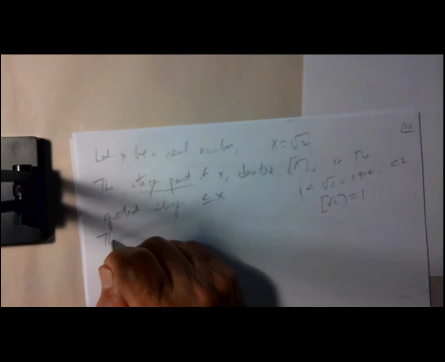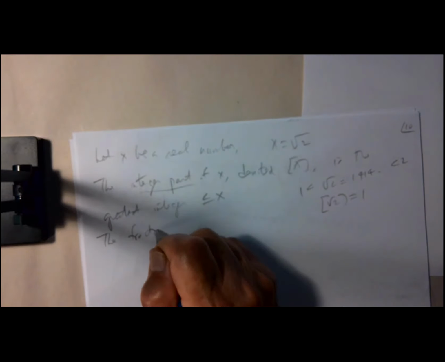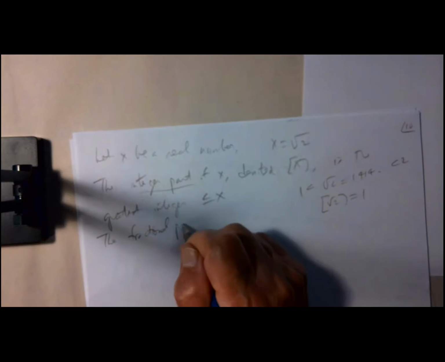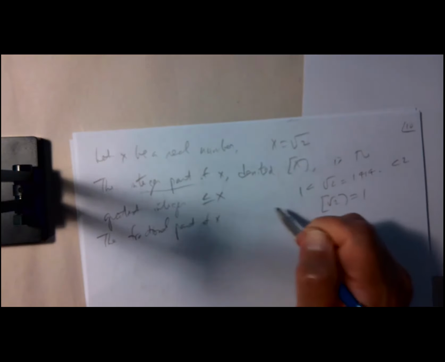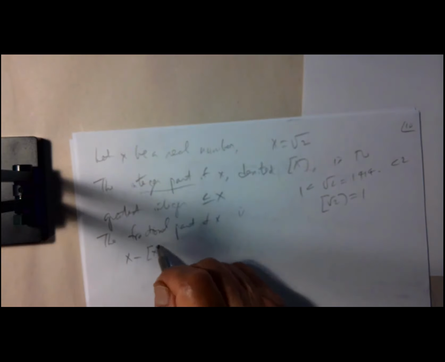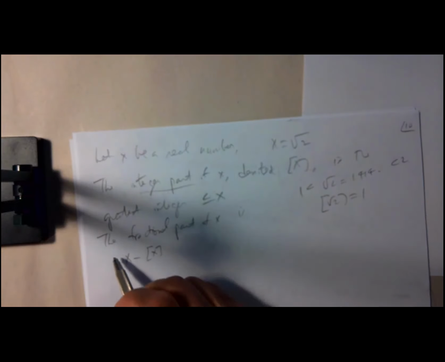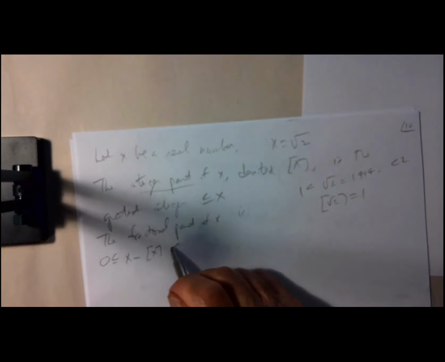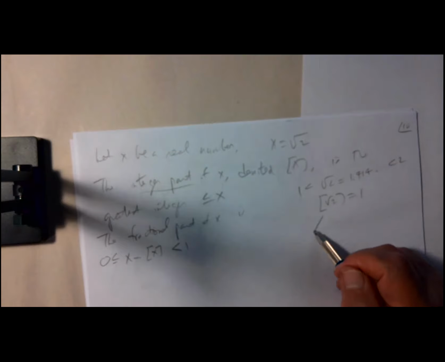And the fractional part of x is x minus the integer part. It's the part greater than or equal to 0 and less than 1. So the fractional part of the square root of 2 is, take away the integer part, 0.414 and so on.